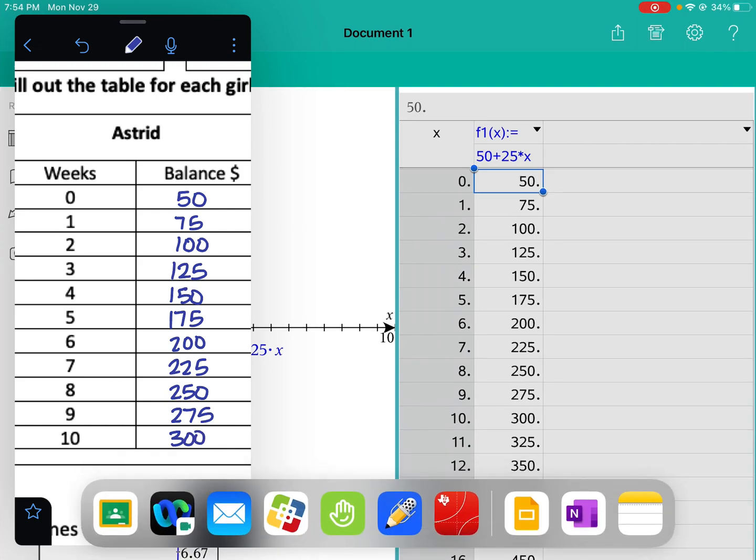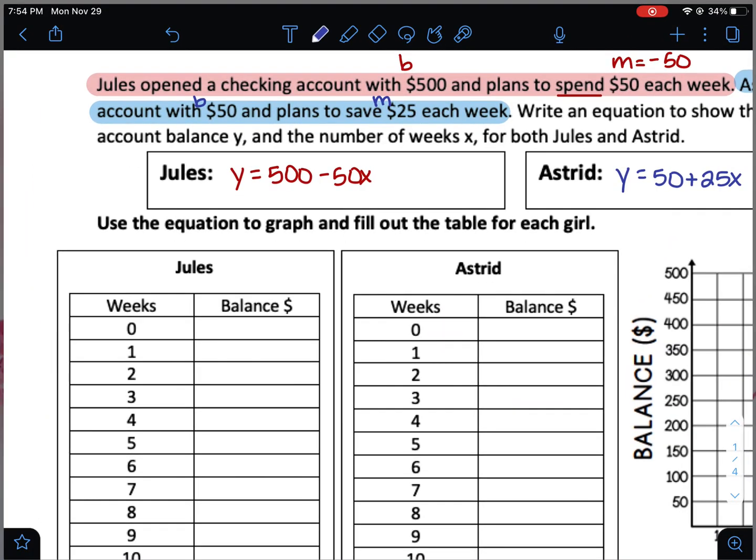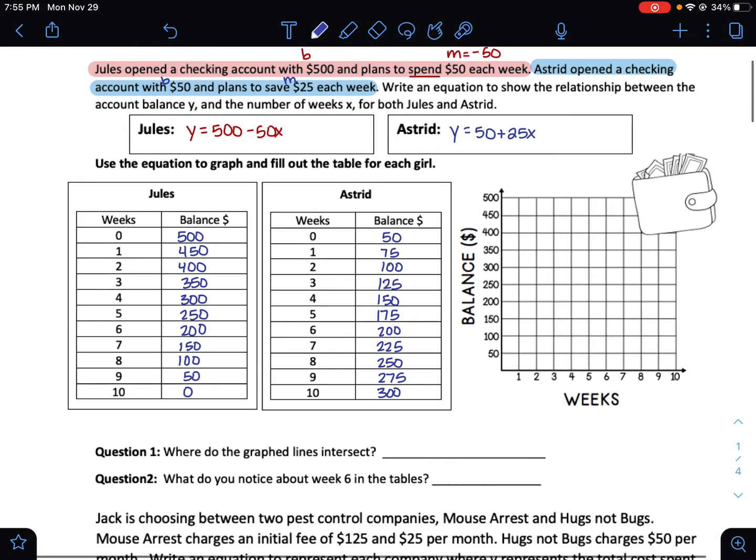Okay, so now I'm just going to go back to my notes page. So now I have the table.